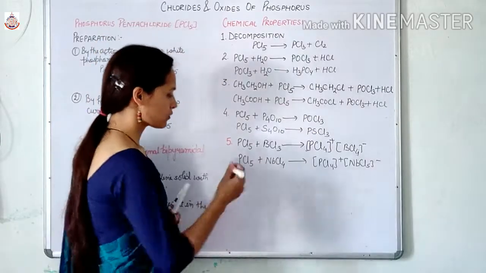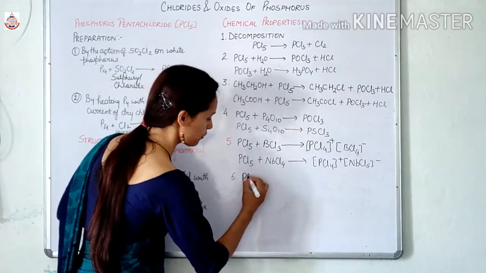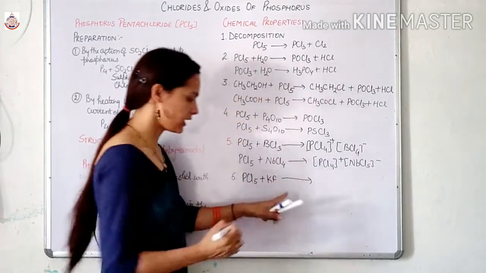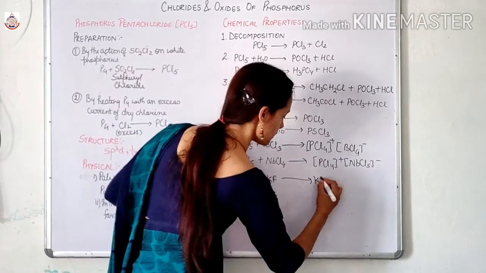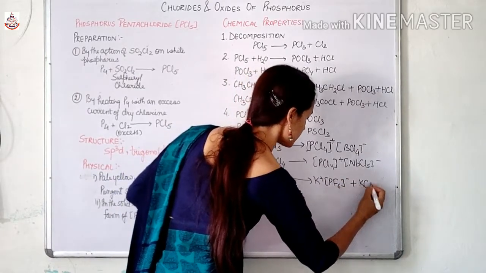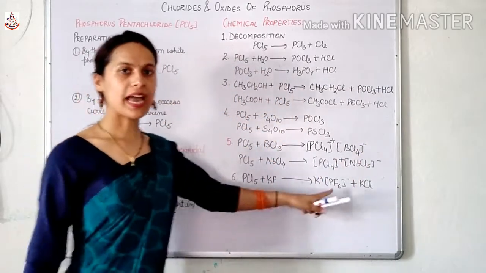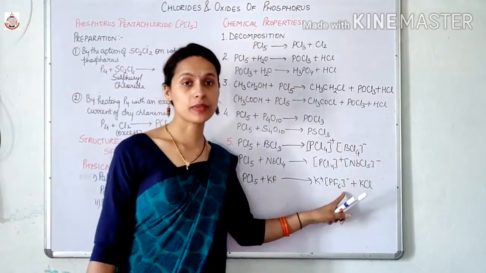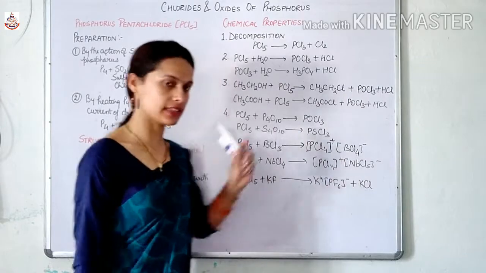Now the next reaction of PCl5 with KF. What does it form? K positive, PF6 negative plus KCl. So it forms an ionic, complex compound, that is K positive, PF6 negative and KCl.